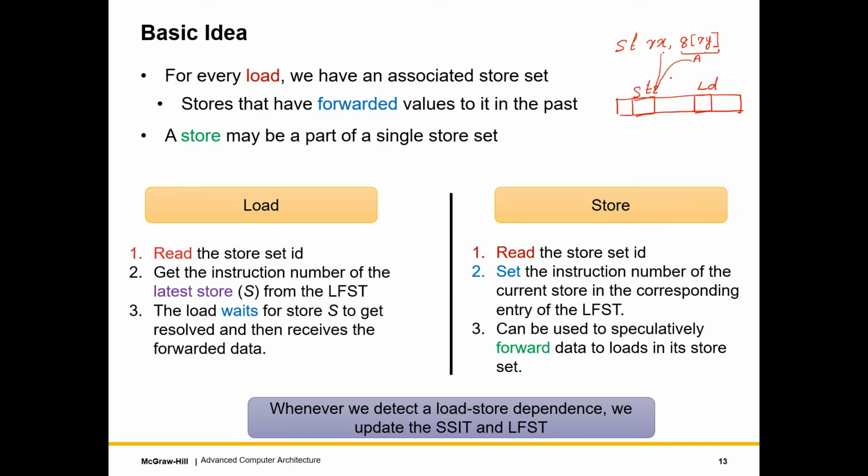Why at the same time? Well, because if we do it at different times, that will unnecessarily increase the number of ports that we require in the LSQ. So in terms of implementation, it will be hard. So at the time of resolution, we will write both.